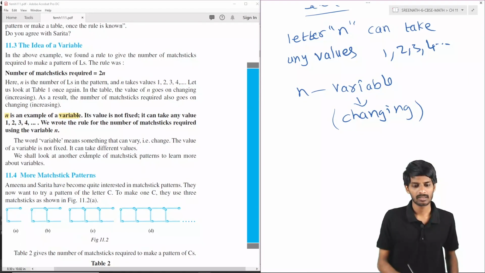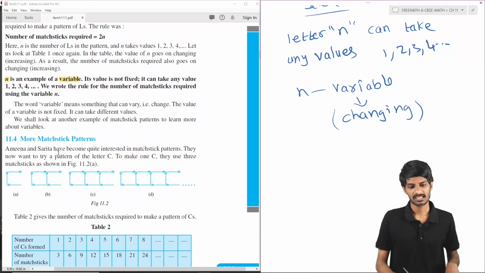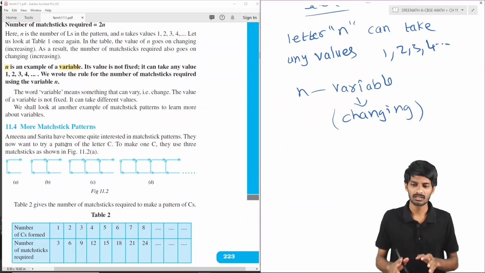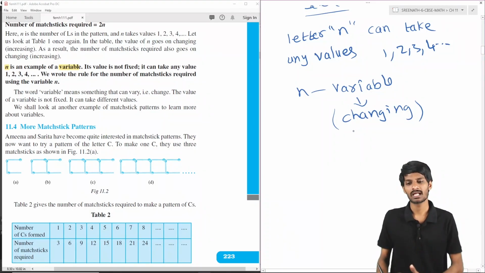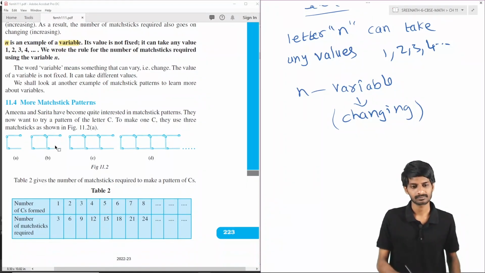The word variable means something that can vary, that can change. So can you understand the meaning of variable? A variable means one whose value is changing. We represent a variable with a letter, and the letter may take any values. We can replace it with any number.